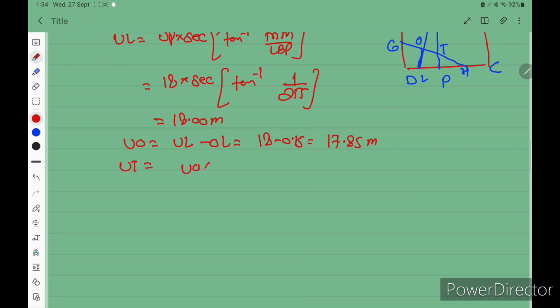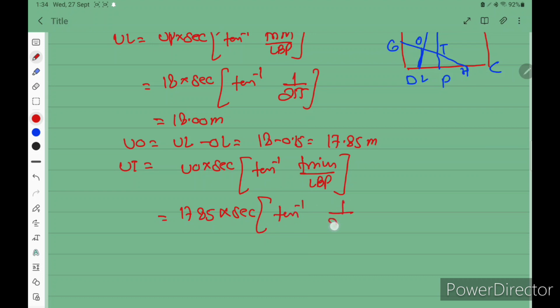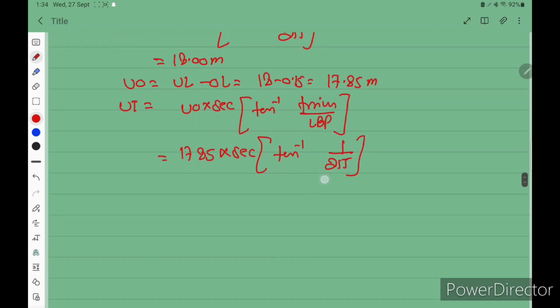Now we have UO, so we can calculate UT. UT is equal to UO into sec tan inverse trim by LBP. So put the value 17.85 into sec tan inverse 1 upon 255, is equal to 17.85 meter. So TP is equal to UP minus UT is equal to 18 minus 17.85 is equal to 0.149, or we can say 0.150.